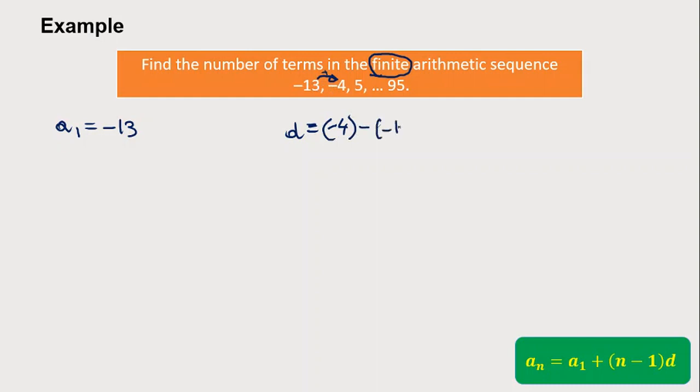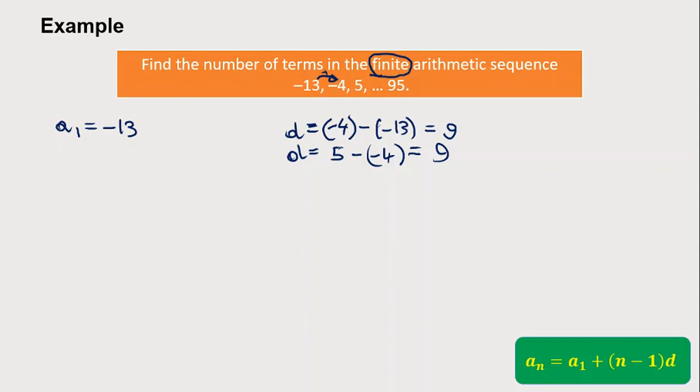So taking away minus 13 from negative 4, you will have minus 4 plus 13, and that's 9. Similarly, you can confirm that the difference is common by taking the next number, which is 5, take away the previous, which is minus 4, and this confirms that yes, it is 9, and this is a common difference. We keep adding 9 in this sequence. So now use the formula.